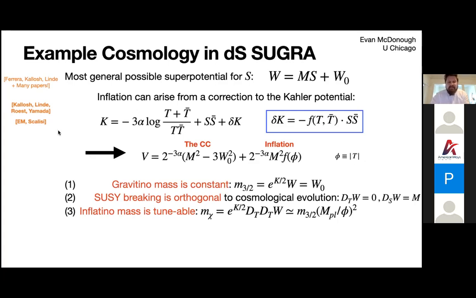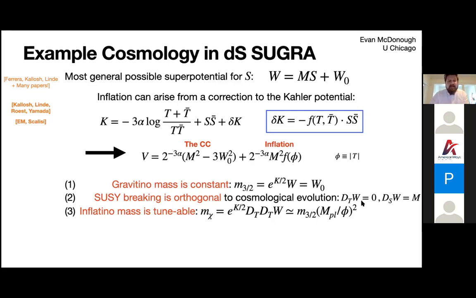It has some neat features. One, the Gravitino mass is a constant, which is a weird feature in supergravity, you might think naively, because the Gravitino mass in principle depends on K and W. But in this type of setup, the Gravitino mass is in fact a constant. Two, we can think of there being a direction to SUSY breaking, where we have a field space manifold, and certain fields break SUSY to certain extents, which allows us to define a vector in field space, the direction of SUSY breaking.